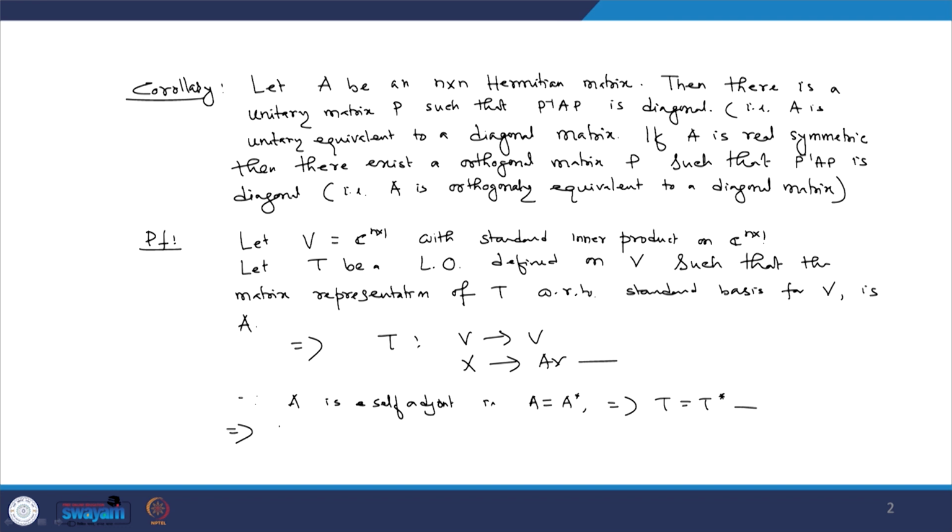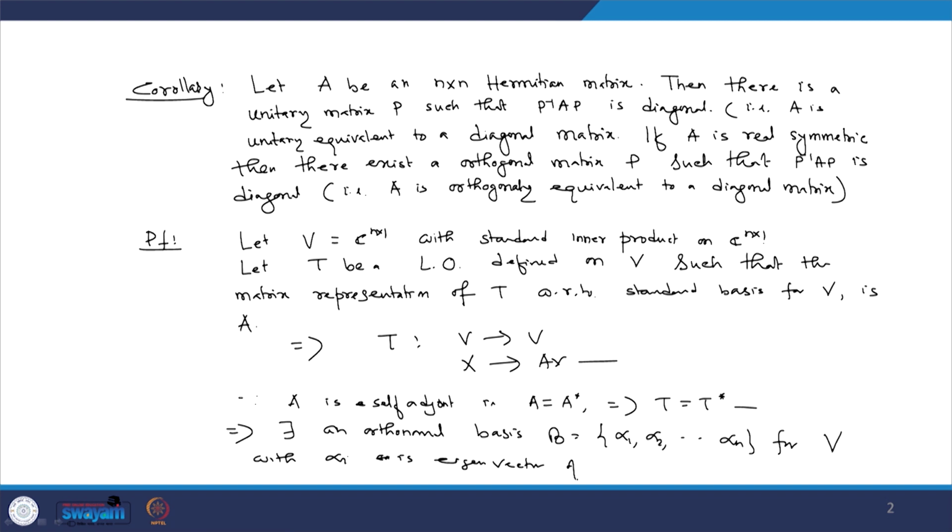So, this implies there exists an orthonormal basis, say B equal to alpha 1, alpha 2, up to alpha n, for the space V, that is C n cross 1, with alpha i an eigenvector of T and c i belonging to the corresponding field C such that T of alpha i equal to c i alpha i.